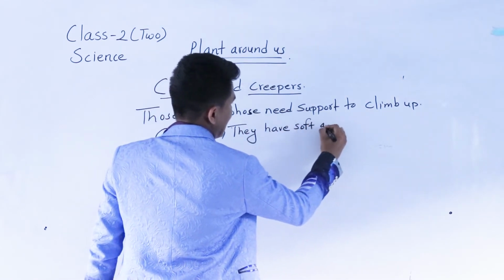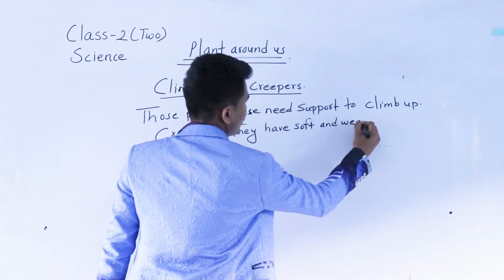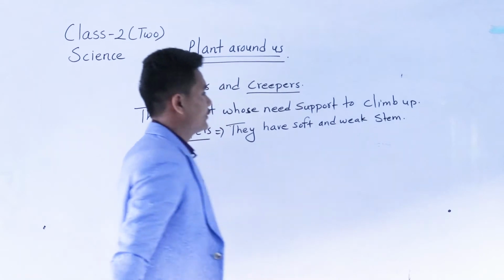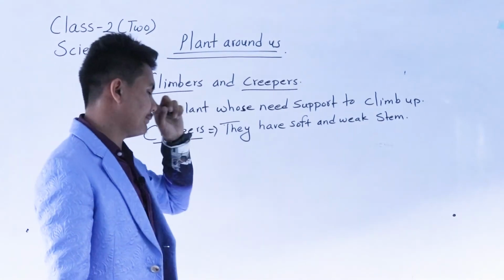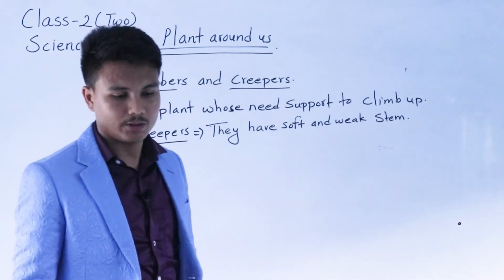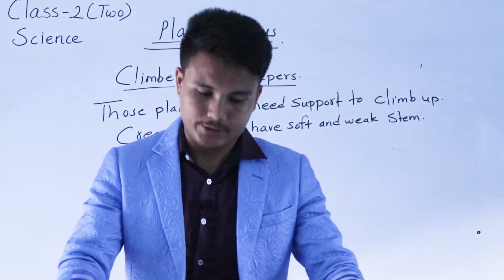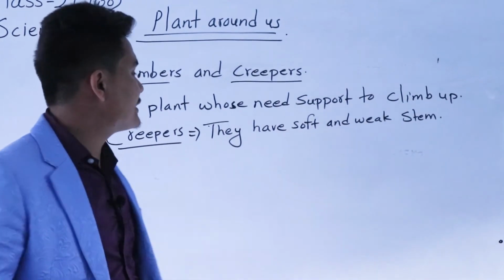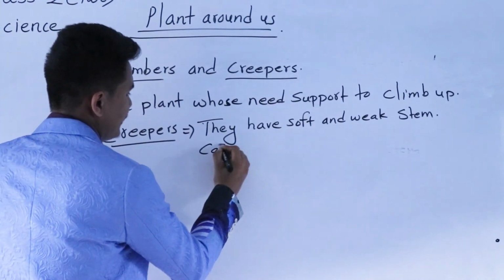They both have a weak stem. That's why they need support. Understood? That's why they need what? Support. And they have a soft and weak stem and can't stand up.